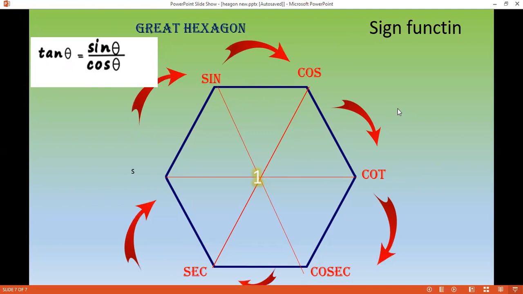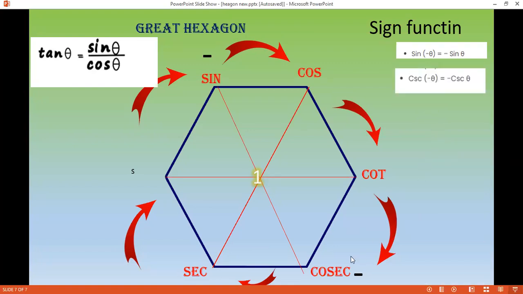Sine of minus theta is equal to minus sine theta. How to remember that? Let us observe. You start with sine. Here sine is minus, and cosecant also: cosecant of minus theta is also minus.